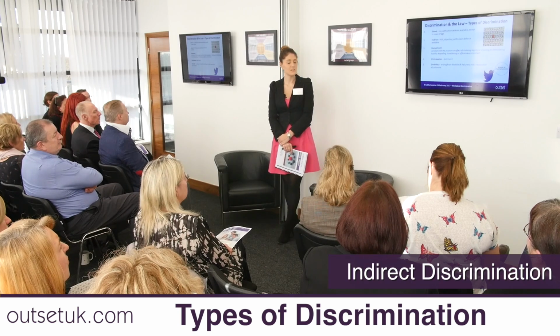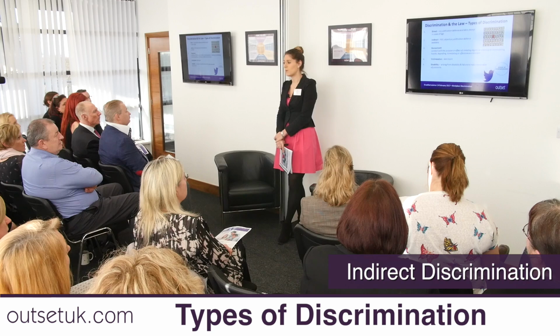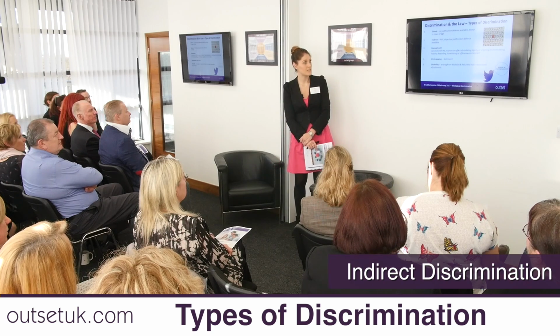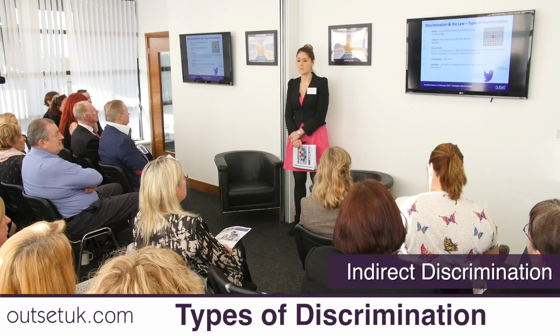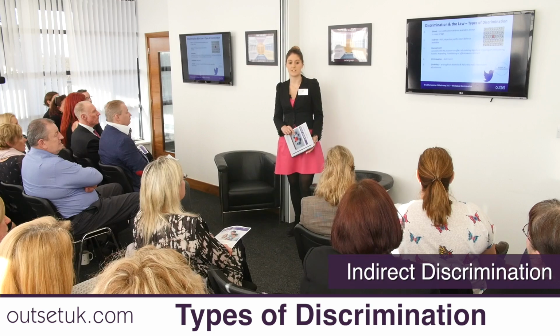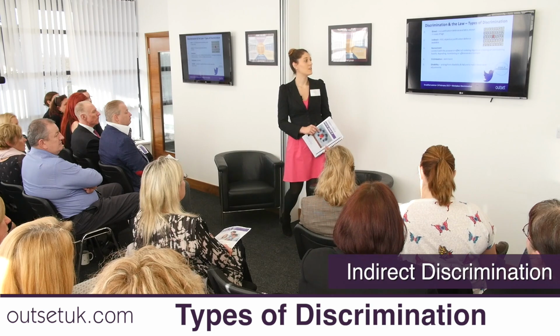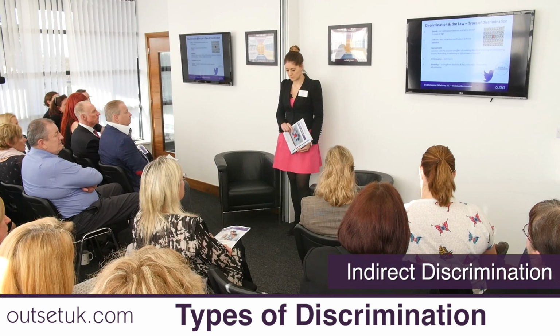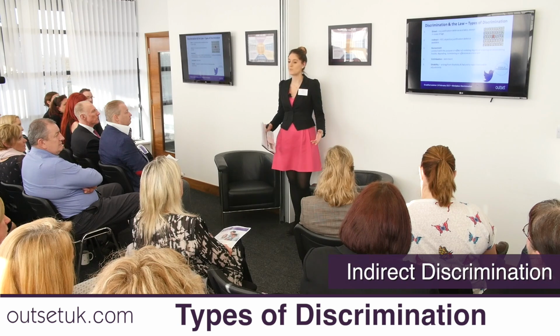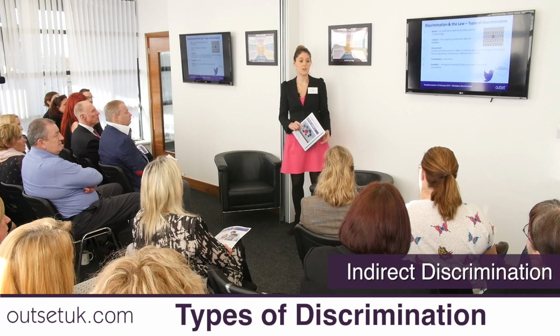So indirect discrimination happens when an employer has a provision, criterion or practice, a PCP, which has the effect of putting a particular group of employees at a disadvantage because of their protected characteristic. So a classic example: you've got an employer who introduces a special bonus for employees who work during nights.